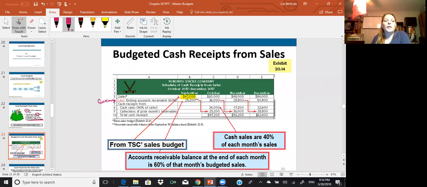So in September, we sold 42,000 in sales. We collected cash, but we're not doing that. We're only doing October, November, and December. But 60% of what we sold in September has not been collected yet. This is accounts receivable from September sales.